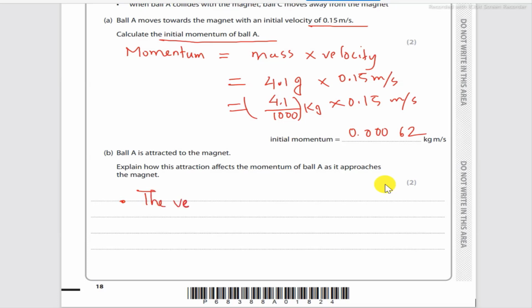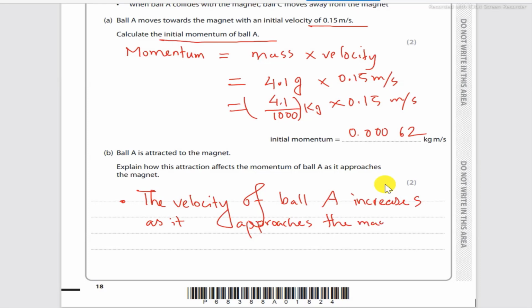The velocity of ball A increases as it approaches the magnet. So the momentum of ball A increases.